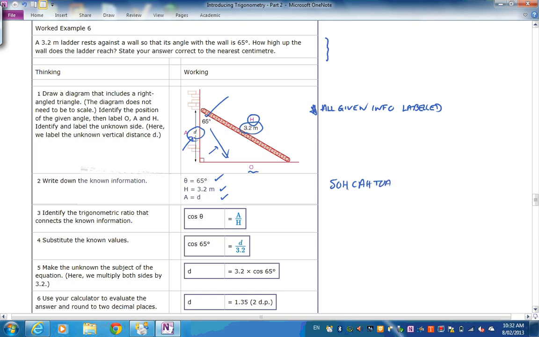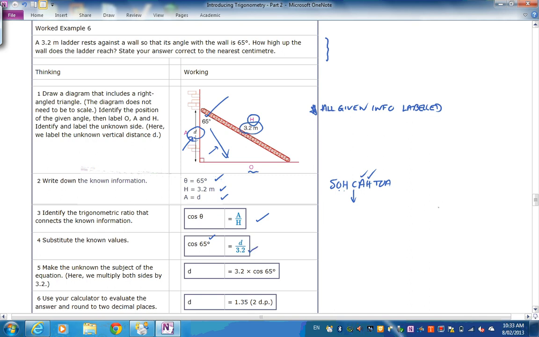So the sine is the opposite over hypotenuse. We don't have the opposite. What have we got? We've got the adjacent and the hypotenuse. Oh, adjacent and hypotenuse, we'll use the cosine. So we write down the cosine is adjacent over hypotenuse. Put in the numbers now. The angle is 65 and the hypotenuse is 3.2.